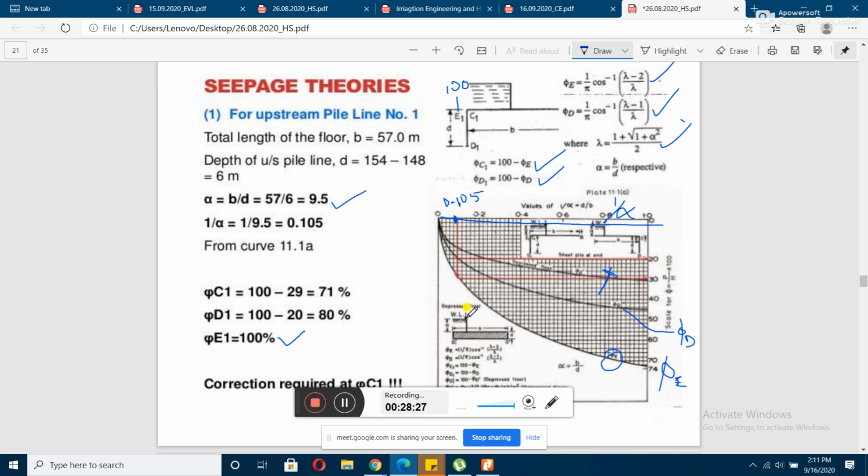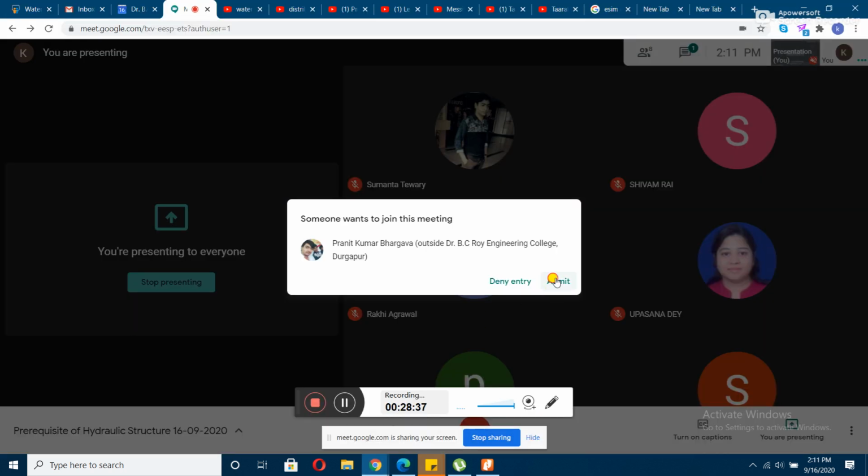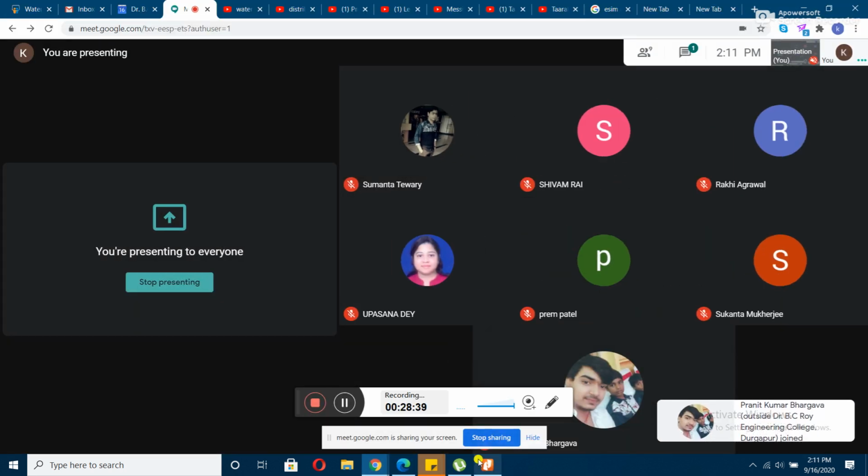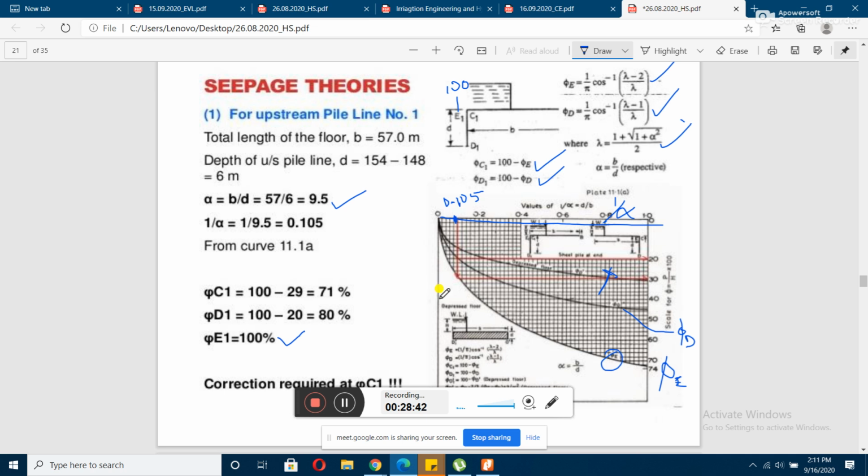The point at which it intersects, then we will be drawing a line parallel to the x axis. The point at which it intersects the vertical axis will be given as either the phi d value or the phi e value.